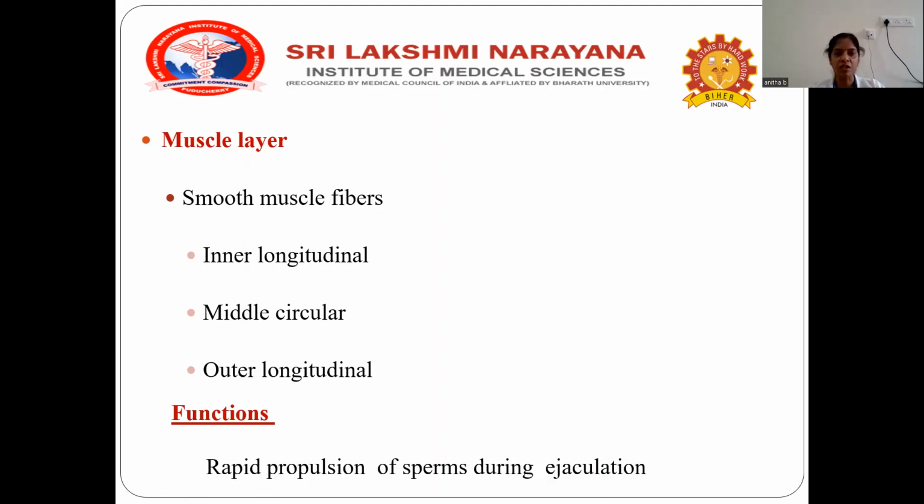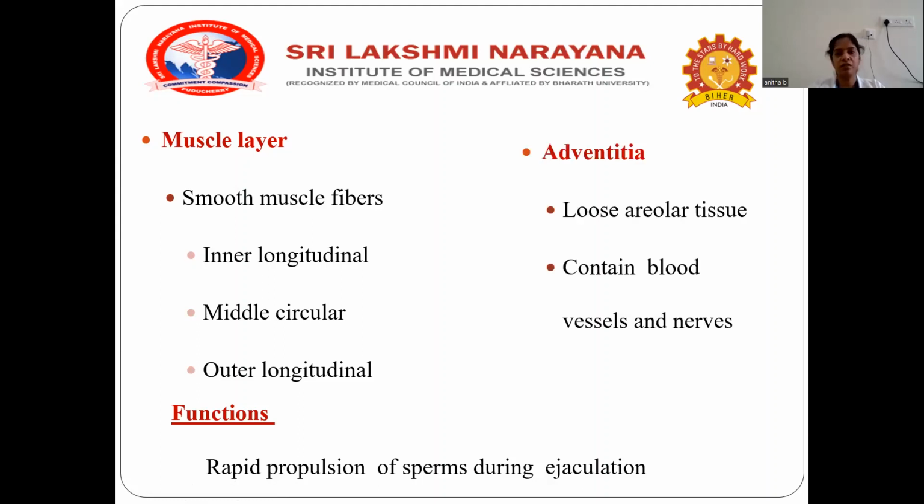So it is arranged in 3 layers. The inner and outer are longitudinal fibers. The middle layer is circular fiber. When you see the adventitia, it is made up of loose areolar tissue. Within that loose areolar tissue, some blood vessels and nerves will be there. So you already know the function of the vas deferens. It propels the sperms during ejaculation.